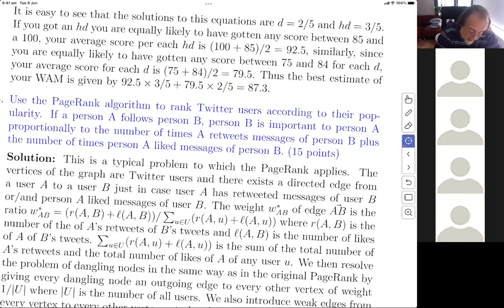So the average score is 79.5. So the best estimate of your WAM is given by the average score for HD times the probability to get HD plus the average score for D times the probability to get a D. And lo and behold, when you compute this expression, you get that your WAM is 87.3.